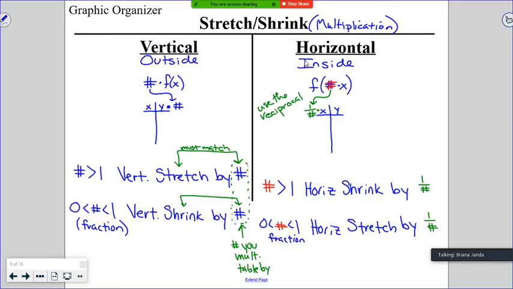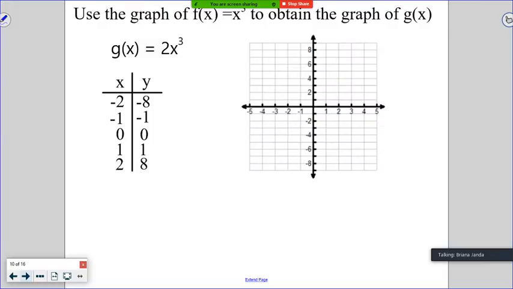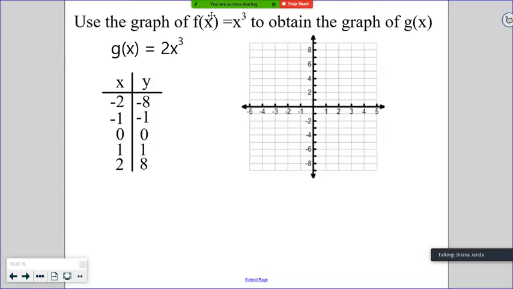Okay, we now have vertical versus horizontal, shrink and stretch. So that's 4 different things. We're going to look at them very quickly because I'm going to use the same parent function every time to kind of speed up our process. But to see how this works, and to see, again, the one that is a little more challenging, the inside versus outside, we're going to use the parent function f of x equals x cubed.